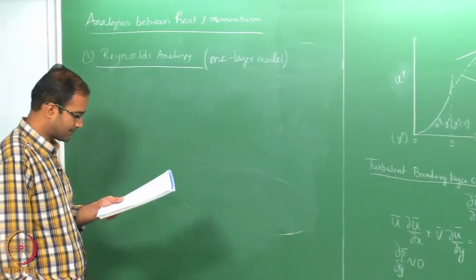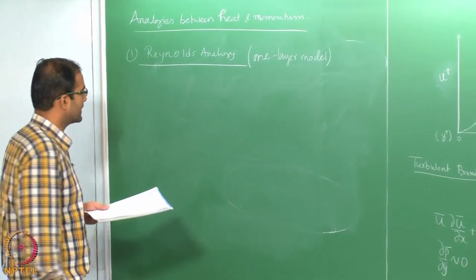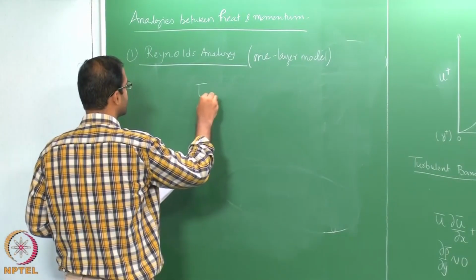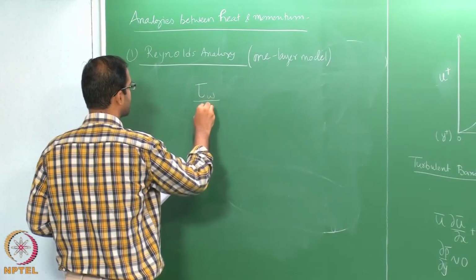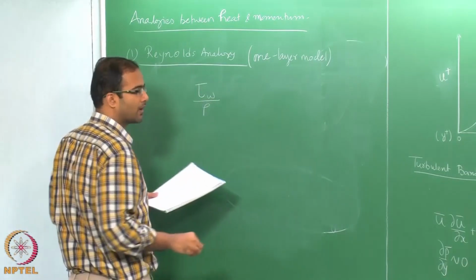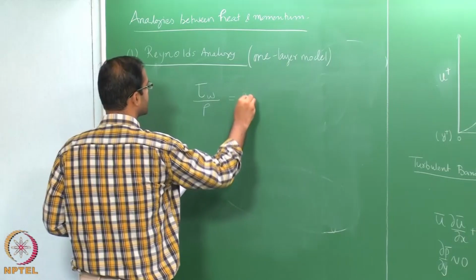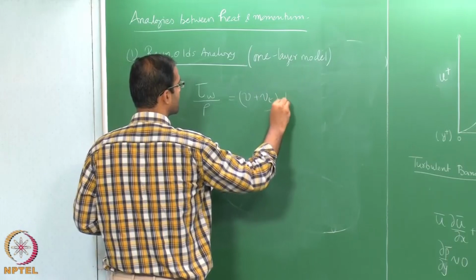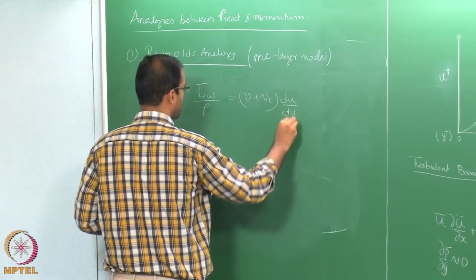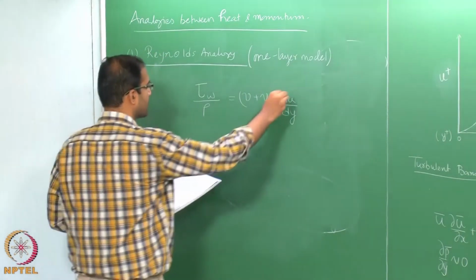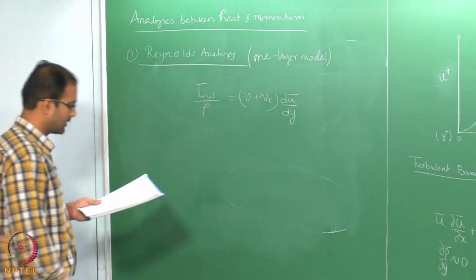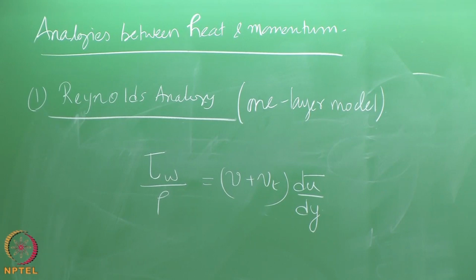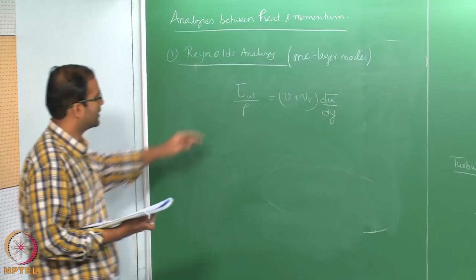So, in that case, let us again write down the expression for the shear stress from which we derived the law of the wall. So, this is tau by rho equal to nu plus nu t into d u bar by dy, okay. And how about for the wall heat flux? So, this is for the shear stress.